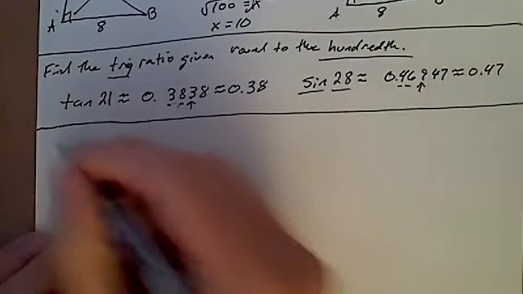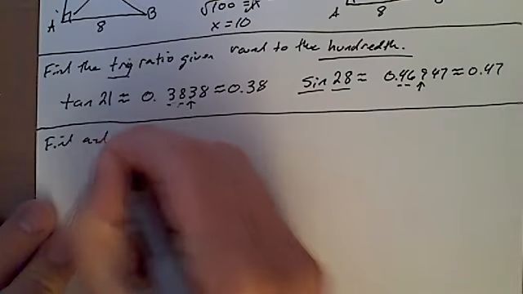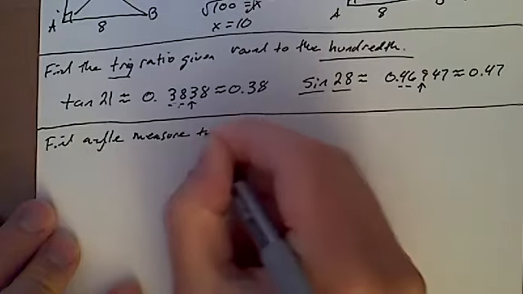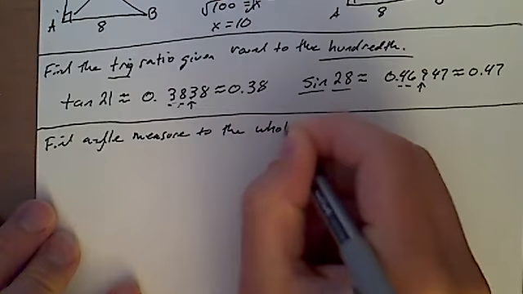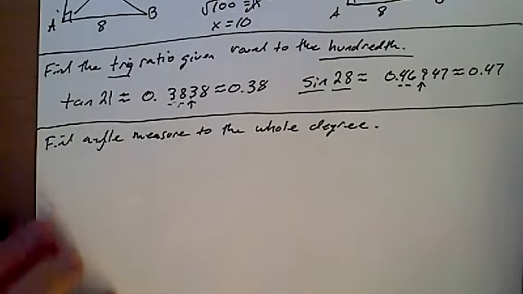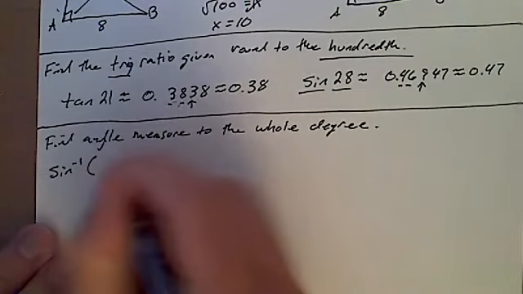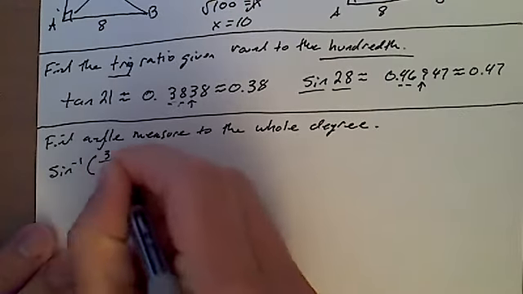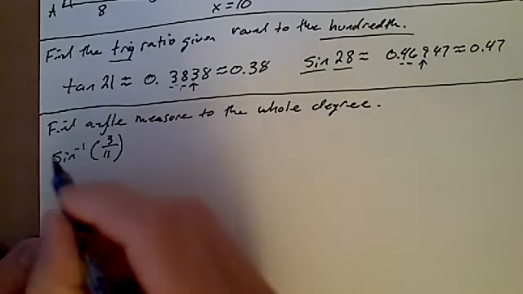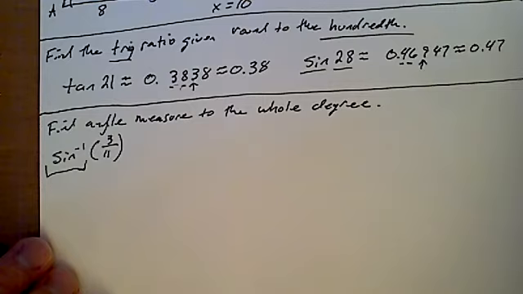The next set of questions will ask for angle measures. Angle measure to the whole degree. Right, so these are whole numbers. We're going to round to the whole number. We have the sine inverse of 3/11. Again, in your calculator, there should be a way for you to do the sine inverse.